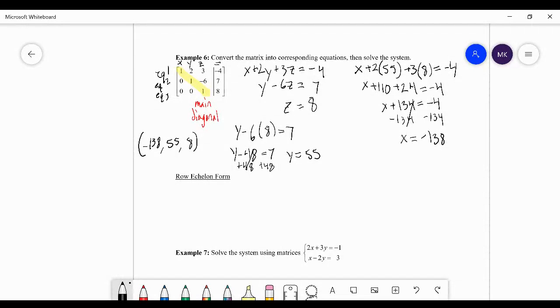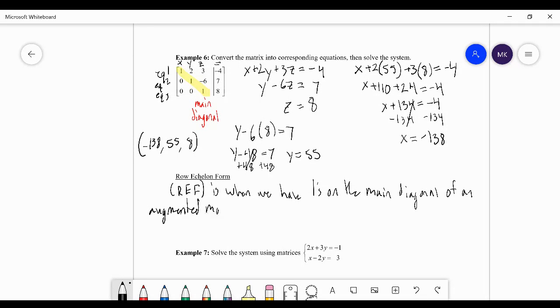So row echelon form, which is also referred to as REF, is when we have ones on the main diagonal of an augmented matrix, and zeros below the ones.